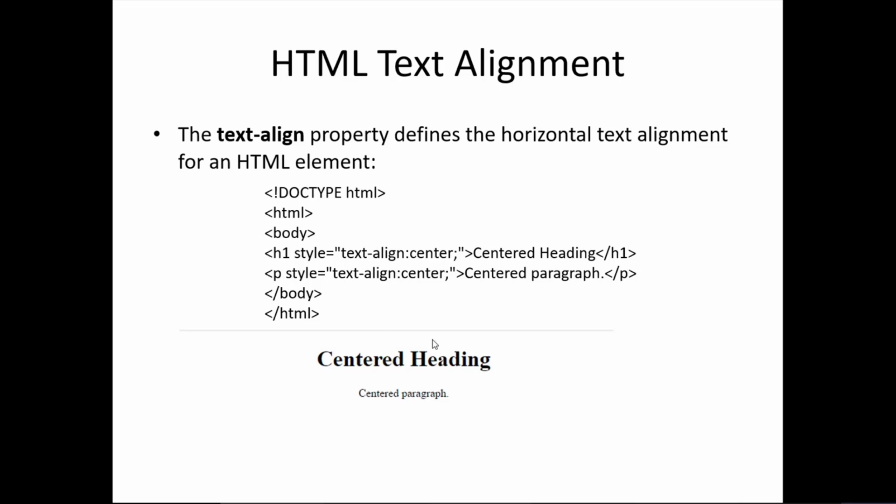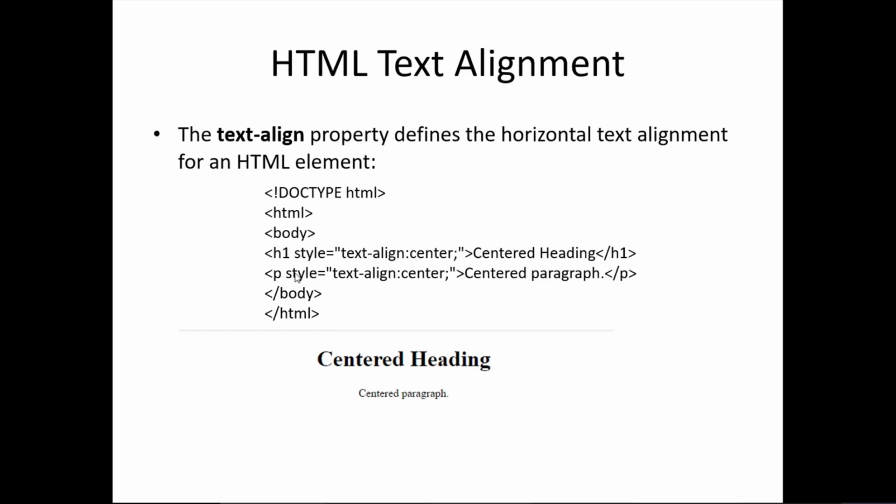If you want to display it in the center, put colon center, and then whatever text you want to display, that is the centered heading, and then the heading tag is closed. Because of this text-align center, the scope will start from the H1 tag till the ending H1 tag.